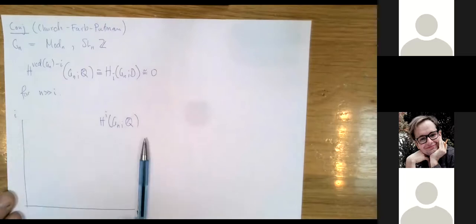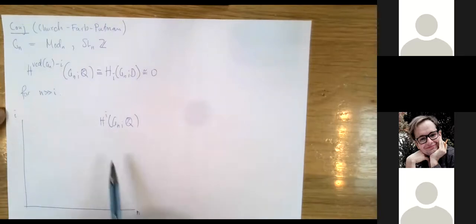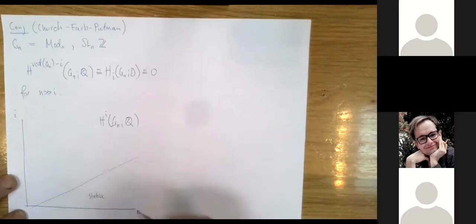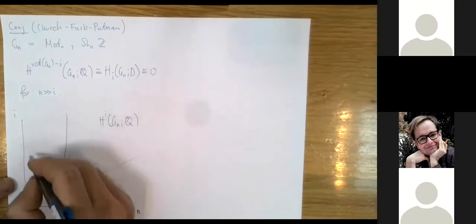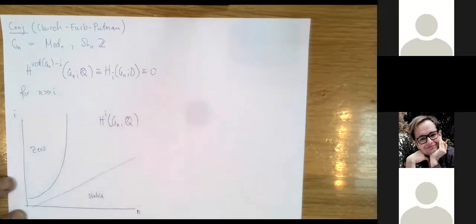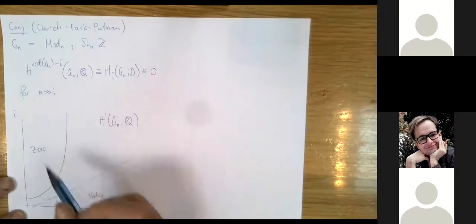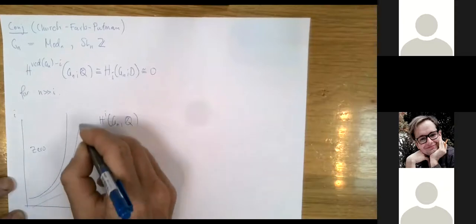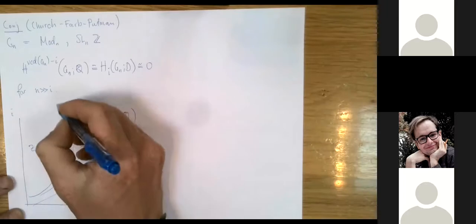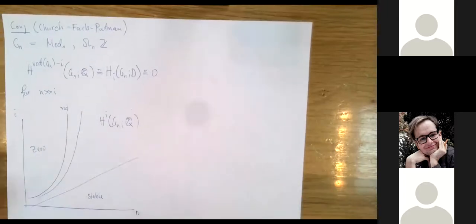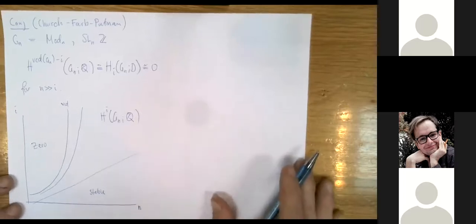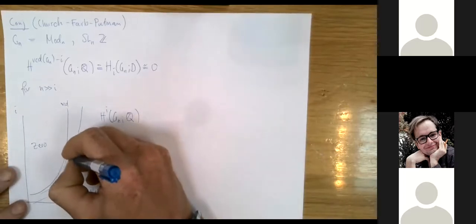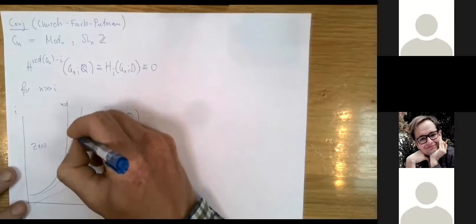So if this symbolizes all of H^i of G_n, then in a range like this, roughly, we have cohomological stability. In a range like this, roughly, we know that it's 0. And now the conjecture says that in a parallel range to the virtual cohomological dimension, you're also 0, or maybe more generally, you have some kind of conjectural stability.